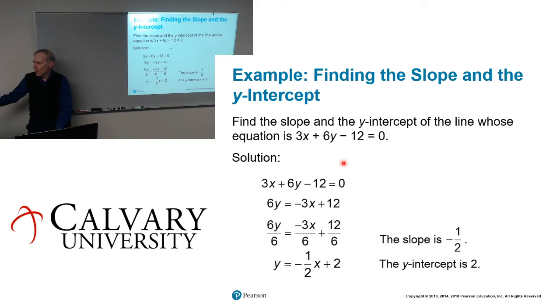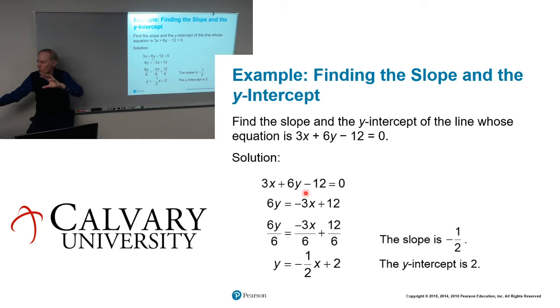because if you take this original equation of the line right here, we can always change it to the slope-intercept form by solving the equation for y. So you take the 3x and the negative 12 to the opposite side, and then of course you would divide everything by 6.